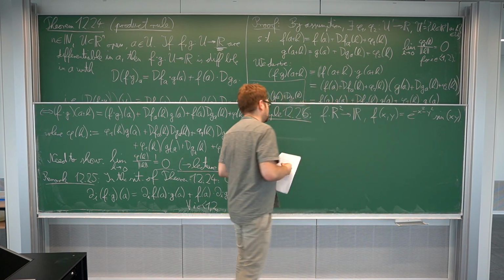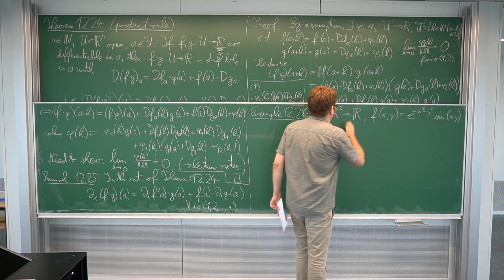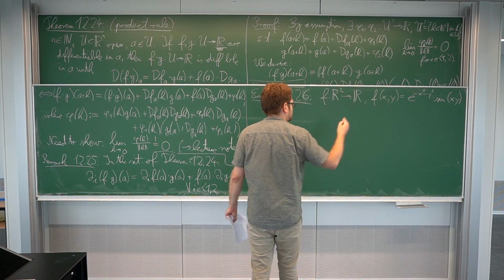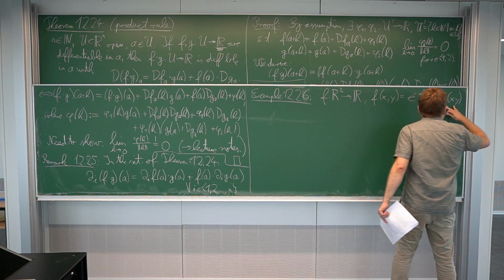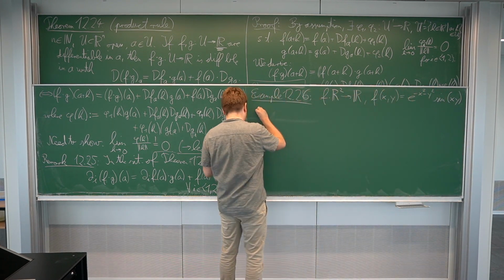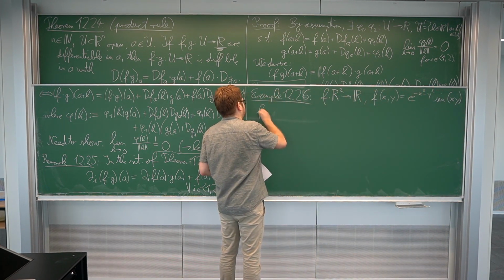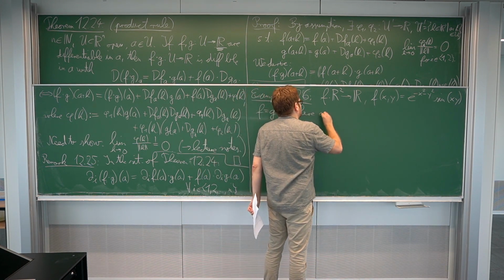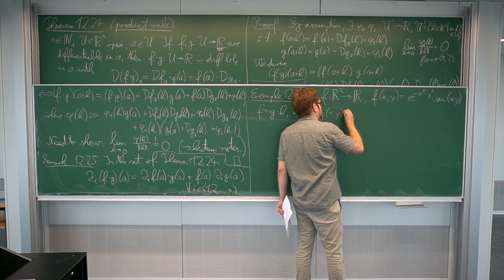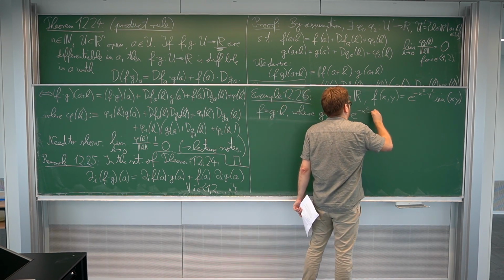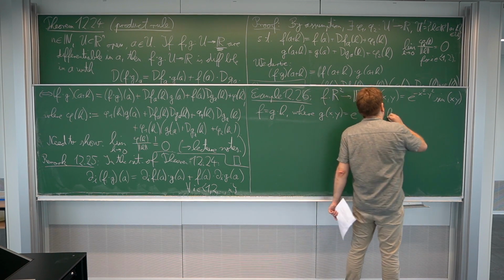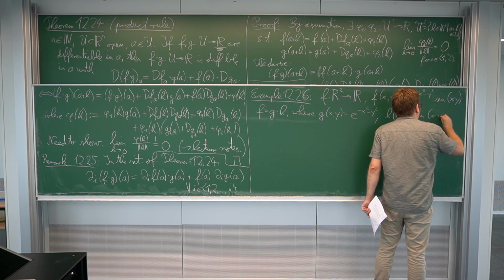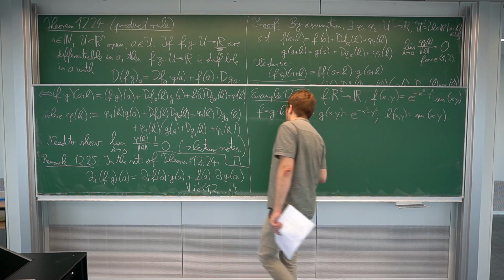Here we can check that the partial derivatives all exist and are well defined. So for these two functions, let me be precise. f is g times h, where g of xy is e to the minus x squared minus y squared, and h of xy is the sine of x times y.